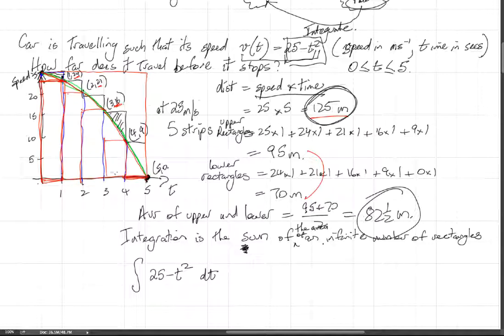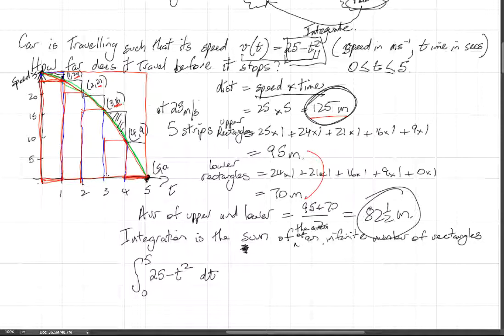And we're going to do it between 0 and 5 seconds. So these are the values of t that we're interested in, between 0 and 5. If we wanted to find the distance it travelled between 2 and 4, we'd go from 2 to 4. And that would calculate the area under the curve, which would be the distance it has travelled.